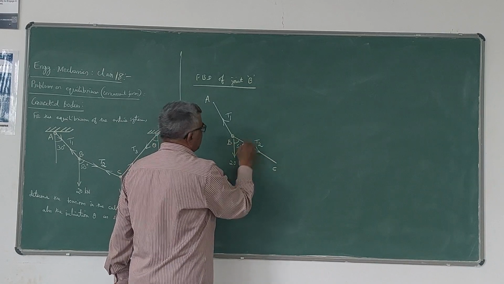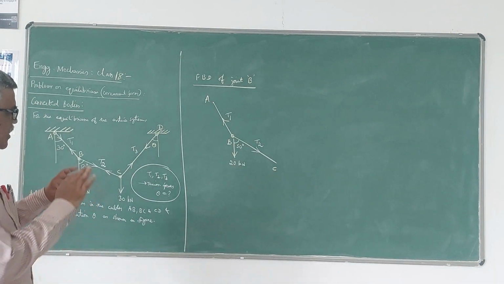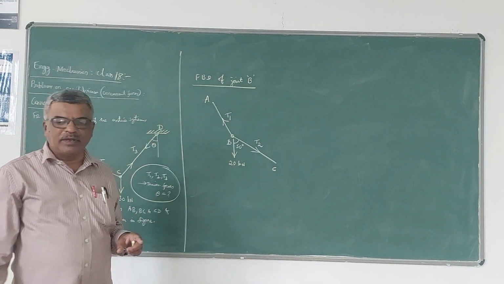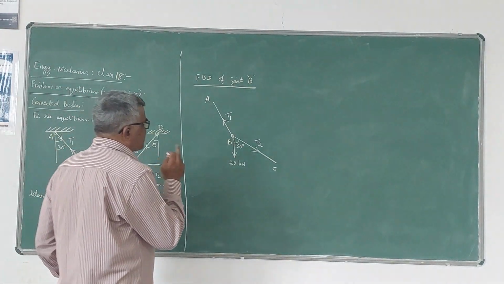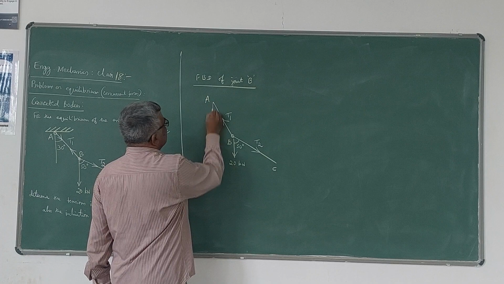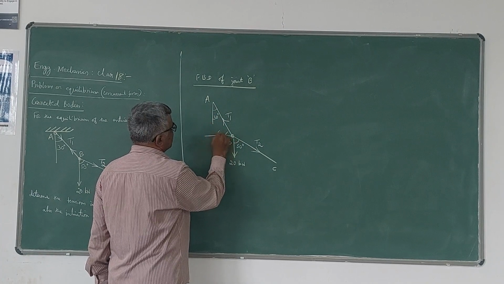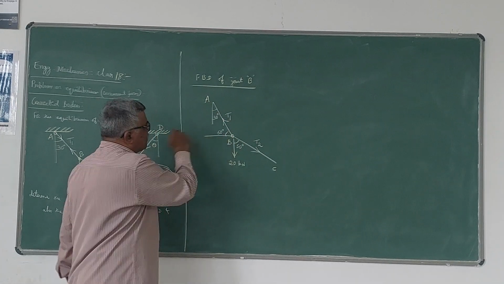Please note that when you are writing the free body diagram of a joint, we have to draw the cables which are meeting at joint B and the corresponding tension forces acting in their exact directions. Here this angle is given as 30 degrees, therefore this will be 60 degrees, definitely, because in a right triangle this will be 60.